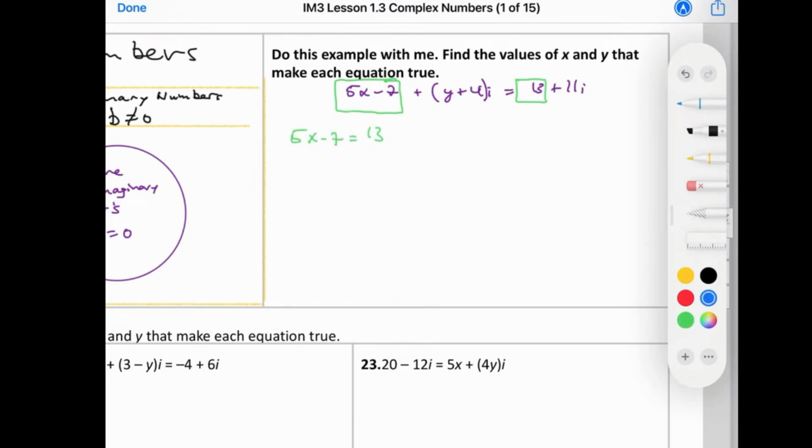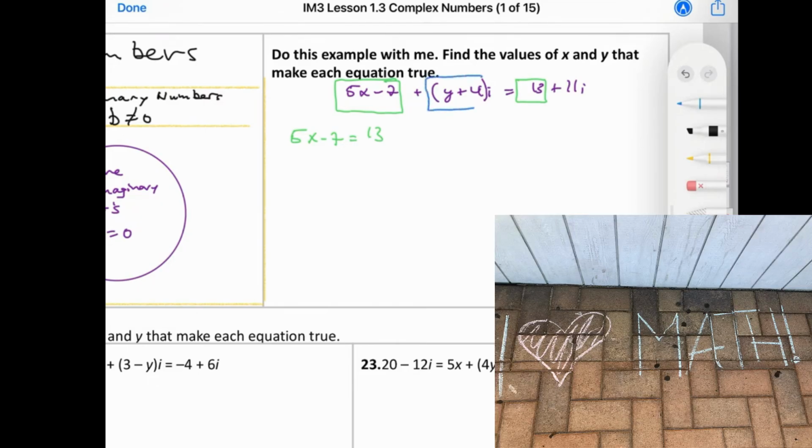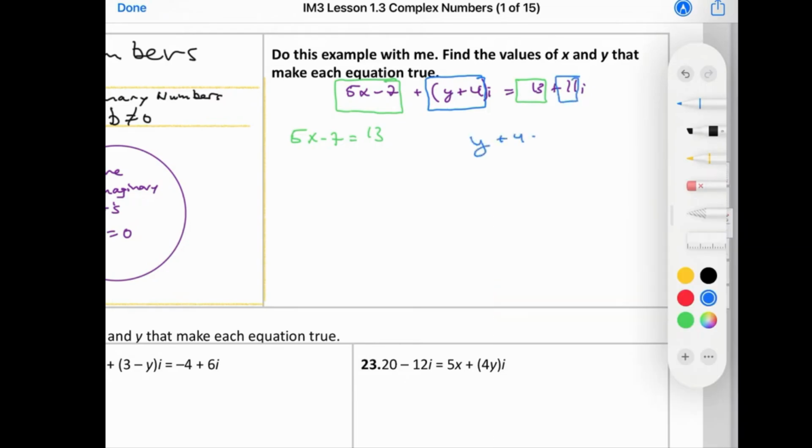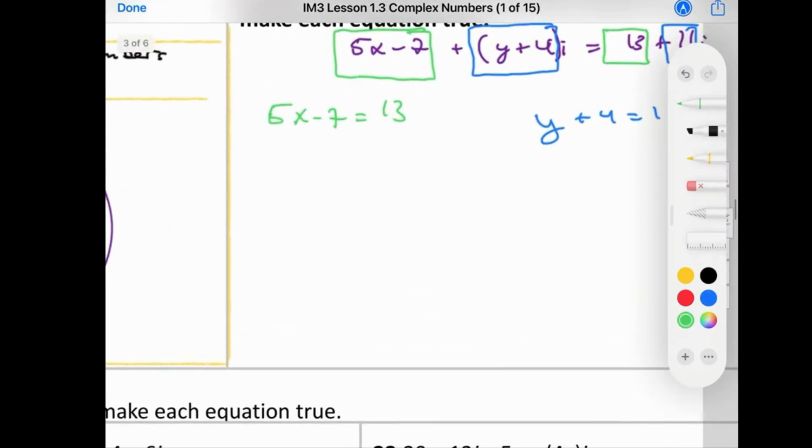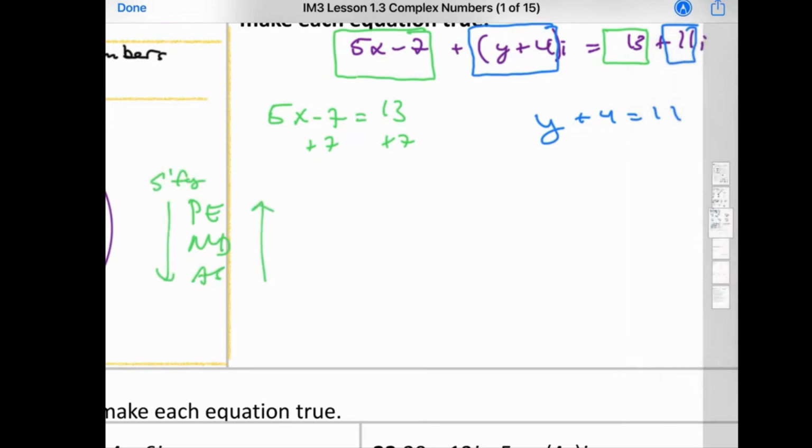And the imaginary part is here in blue. How do I know that? It's right in front of the i, because i stands for imaginary. And that is equal to this one here in blue. So I have y plus 4 equals 11. And all you have to do here is just solve. So remember, use PEMDAS backwards. You're going to simplify, and then you go up to solve.